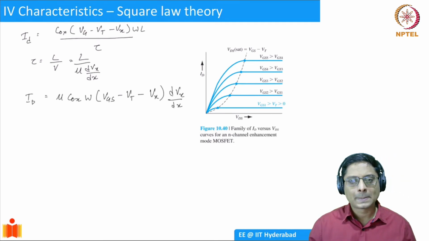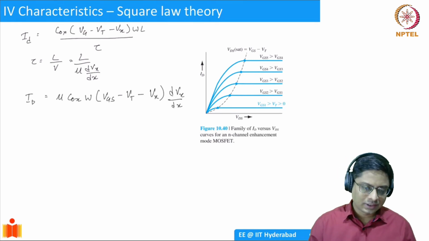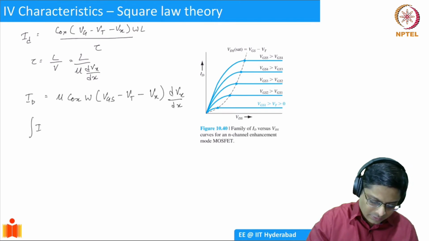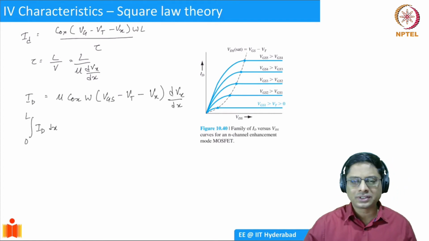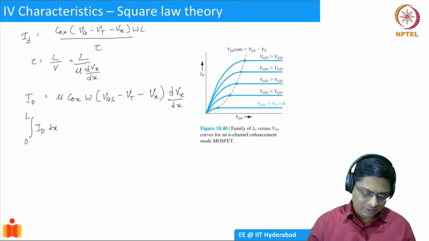Now what I'll do is integrate both sides. I'll take dx to the other side. I'll say integral of ID dx, integrated from 0 to L, because the field is slightly different at each location. So if you want to compute the total current, you have to do an integral.